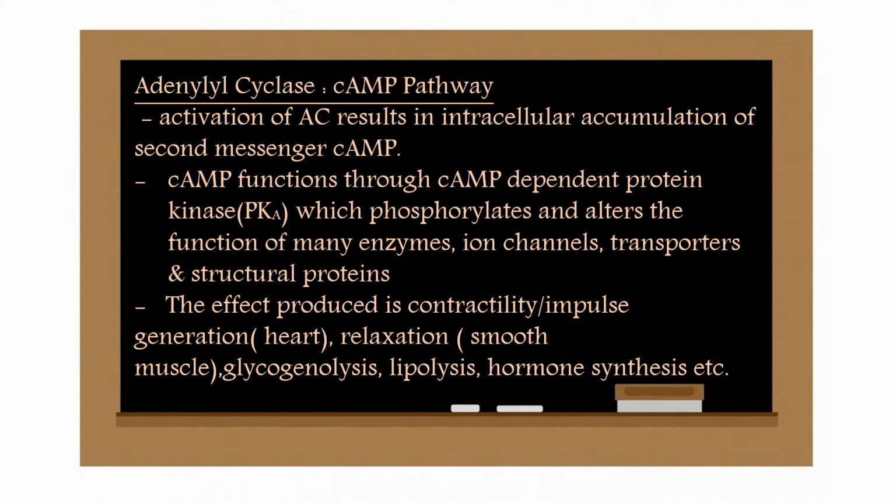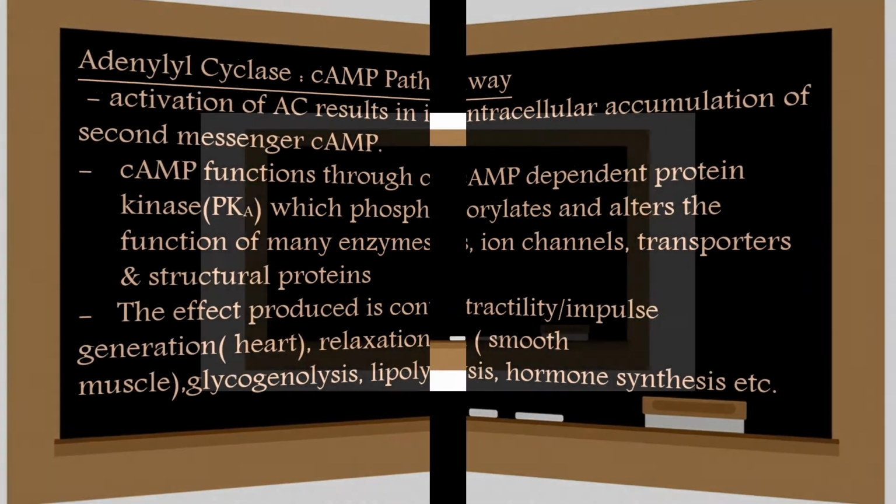This PKA phosphorylates and alters the function of many enzymes, ion channels, transporters, and structural proteins. So the effect produced is contractility or impulse generation in heart, relaxation of smooth muscles, glycogenolysis, lipolysis, hormone synthesis, etc.